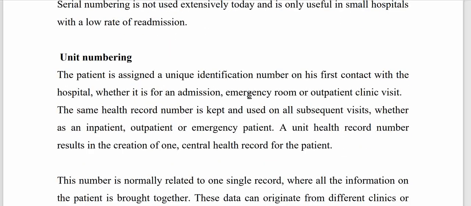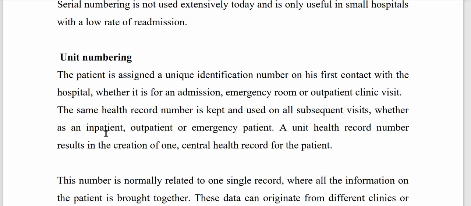Okay, so moving forward, we have unit numbering. So unit numbering is a system where the patient is assigned a unique identification number on his first contact with the hospital, whether it is for admissions, emergency room, or outpatient clinic visits.